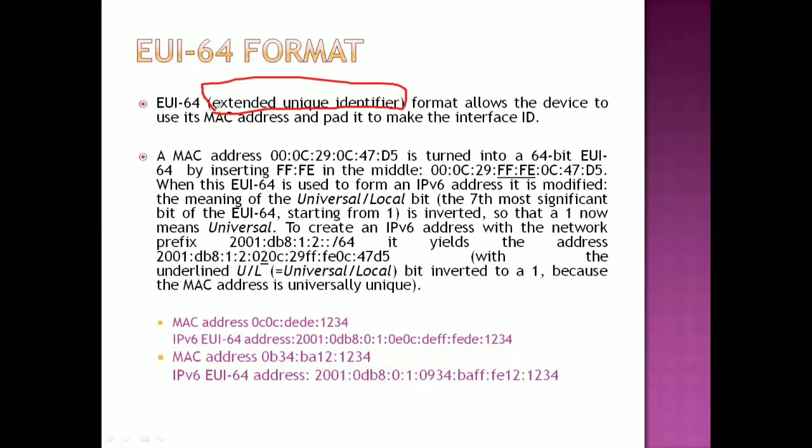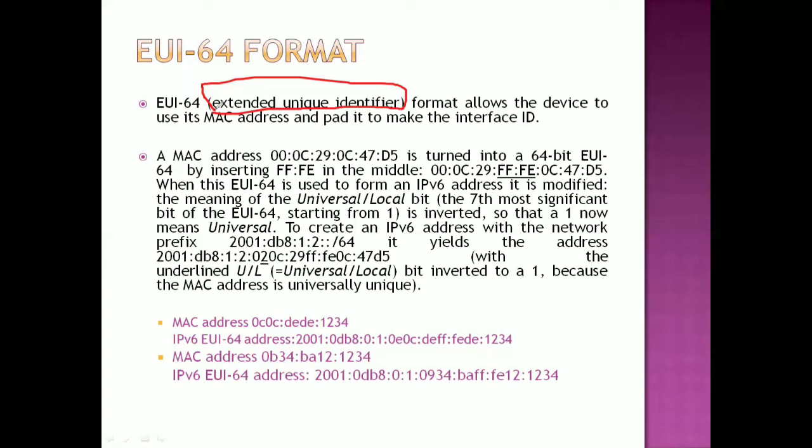That's why it is called the EUI64 format, not the EUI128 format, because the starting 64 bits, the global prefix, will be obtained from the router, or from the network, or from the DHCP server itself. But the remaining 64 bits, the interface ID, will be created by the host itself. So how does a host create the remaining 64 bits by itself? That is very simple.